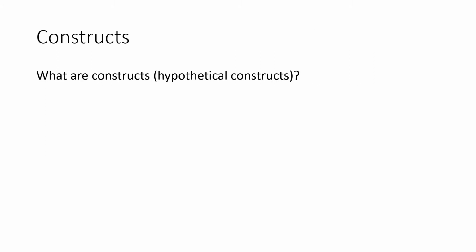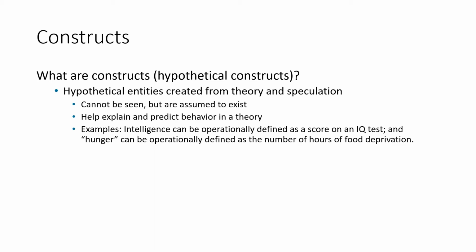To do that, we have to talk about constructs. So what are constructs or hypothetical constructs? Hypothetical constructs are hypothetical entities created from theory and speculation, which cannot be seen but are assumed to exist. Behavioral characteristics. Let's use the example of extroversion.